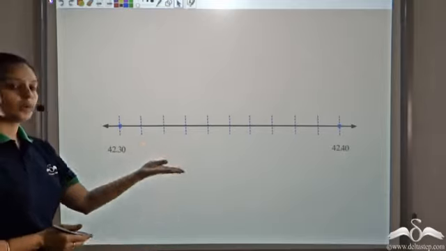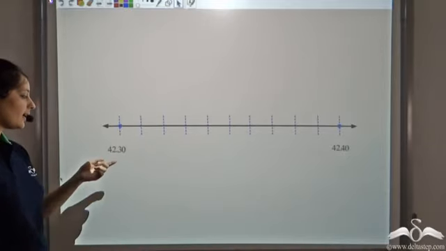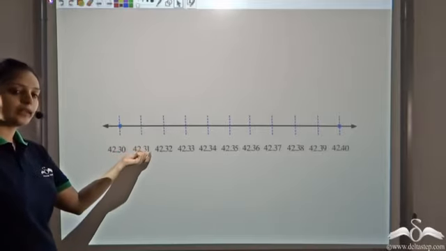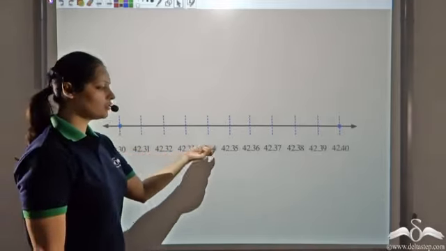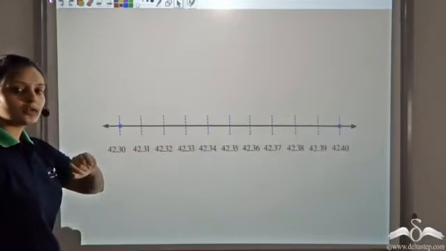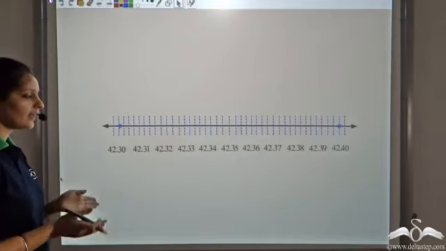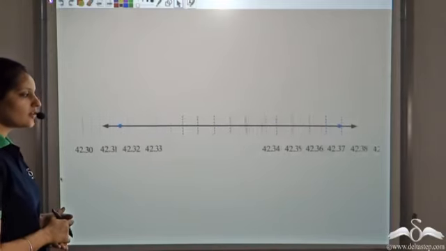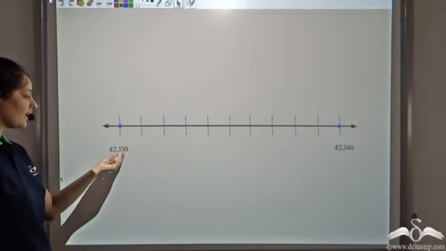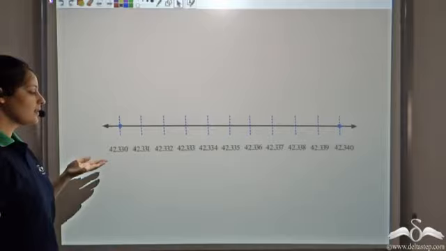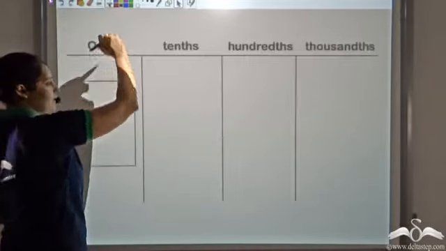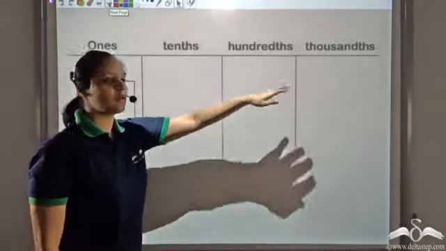Now the numbers between them can also be represented by adding just one more decimal place. That is 42.31, 42.32, 42.33 and so on. Further, between these two numbers also, I can find a number by dividing it into 10 equal parts. So dividing a hundredth into 10 equal parts gives me thousandths. I get 3 digits after the decimal. Similarly, numbers between them can be represented by 3 digits after the decimal, which we call thousandths.